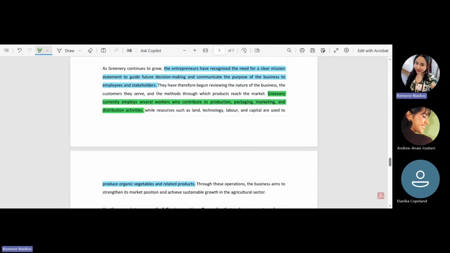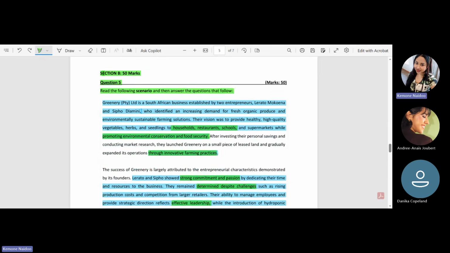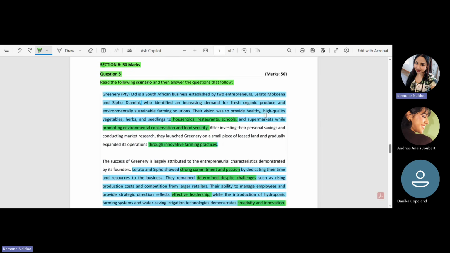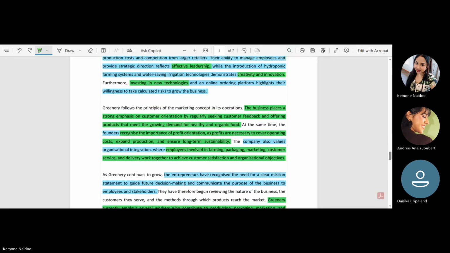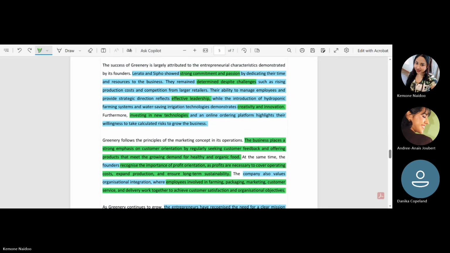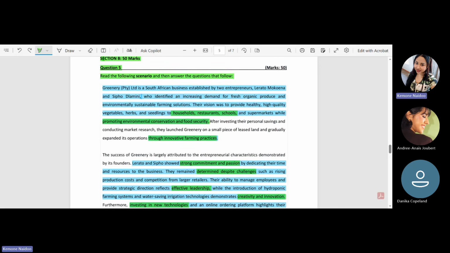Goods and services. Here, businesses use resources to produce goods and services for their consumers. So we are looking for something that tells us what they produce. It can be anything. Okay, so we know they are producing fresh produce.